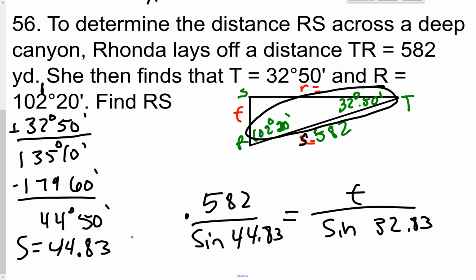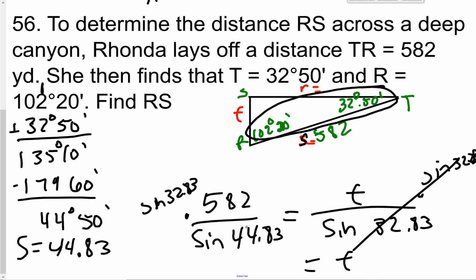So now I can multiply both sides by sine of 32.83, and I'll get my t, which is RS. And so I get 447.6, so 448.